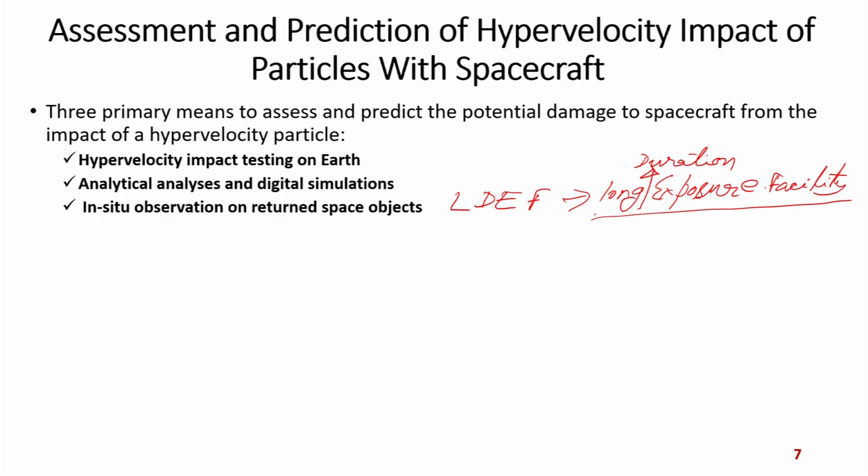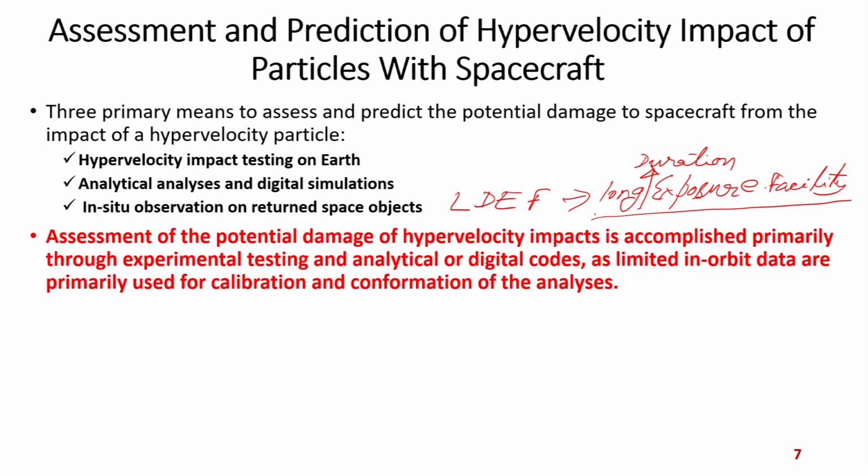So, these are the three ways you can do it. The assessment of the potential damage of hypervelocity impacts is accomplished primarily through experimental testing. So, you get the data from the experimentation, then you do the analytical or digital work, and whatever limited in-orbit data are available can be used to validate or confirm the analysis.